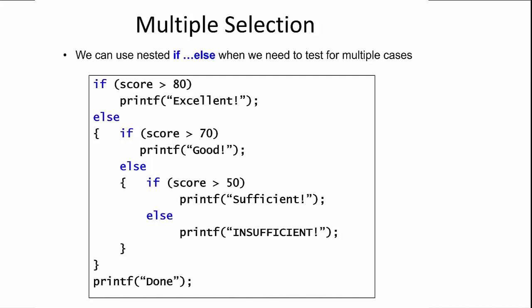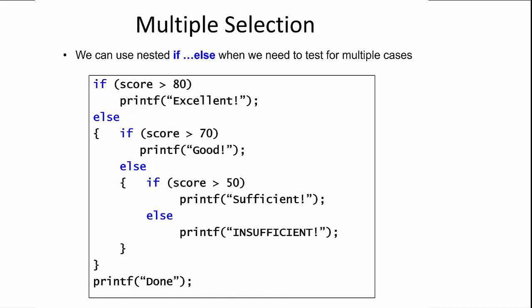But the question is, if a score is larger than 70, it will get good, which means, well, 90 is larger than 70. Does it mean that I will get good for 90%? What do you think? Exactly, thank you.